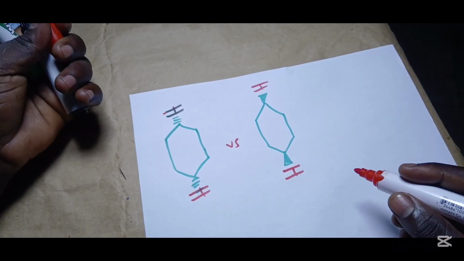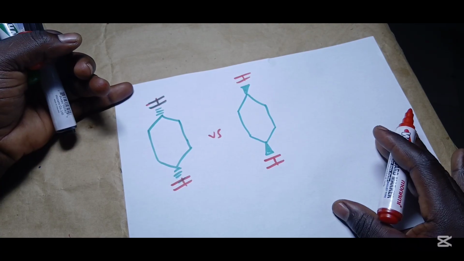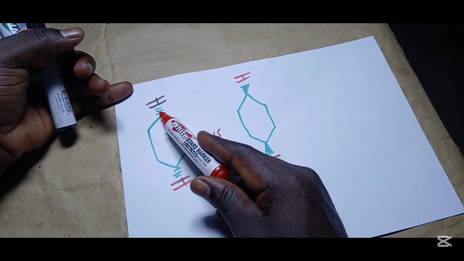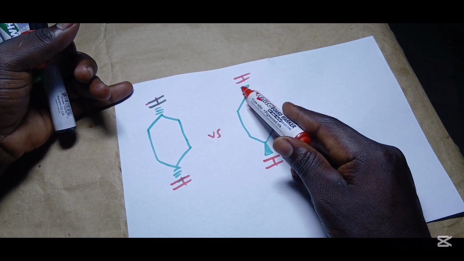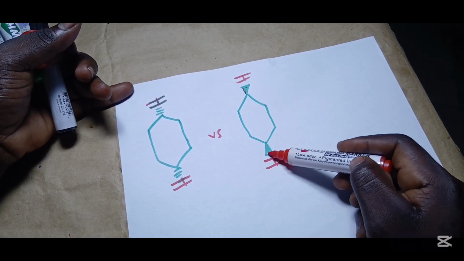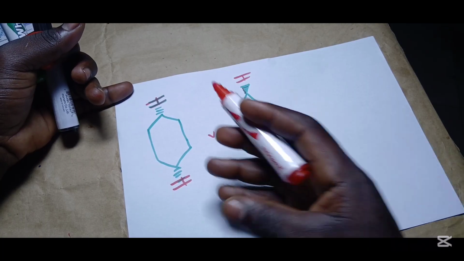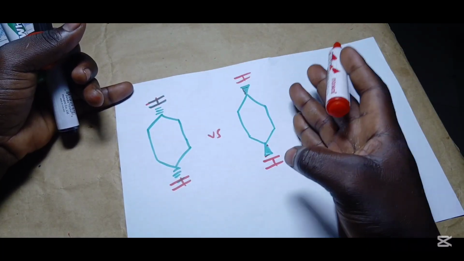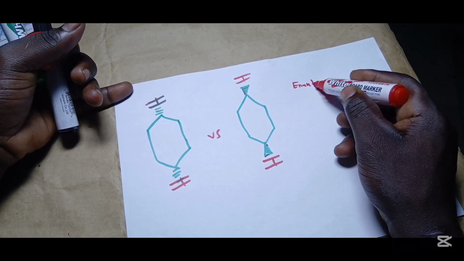Now, what is the relationship between these two molecules? Well, we have hydrogen on the dashes here, but the configuration changes totally here to solid wedges. Since the configuration here has changed totally, we can say they are enantiomers, right? That is what we can see.